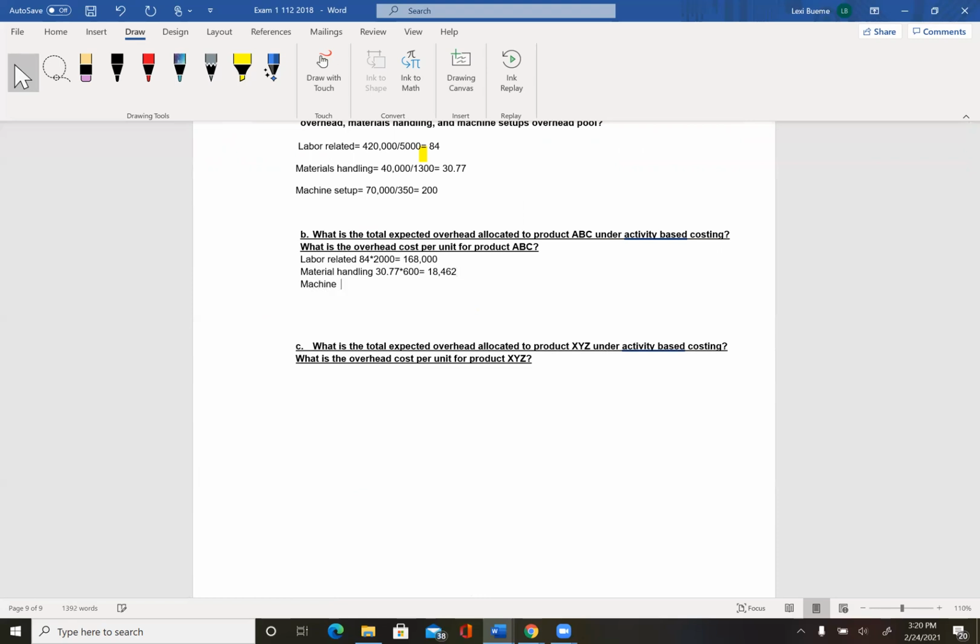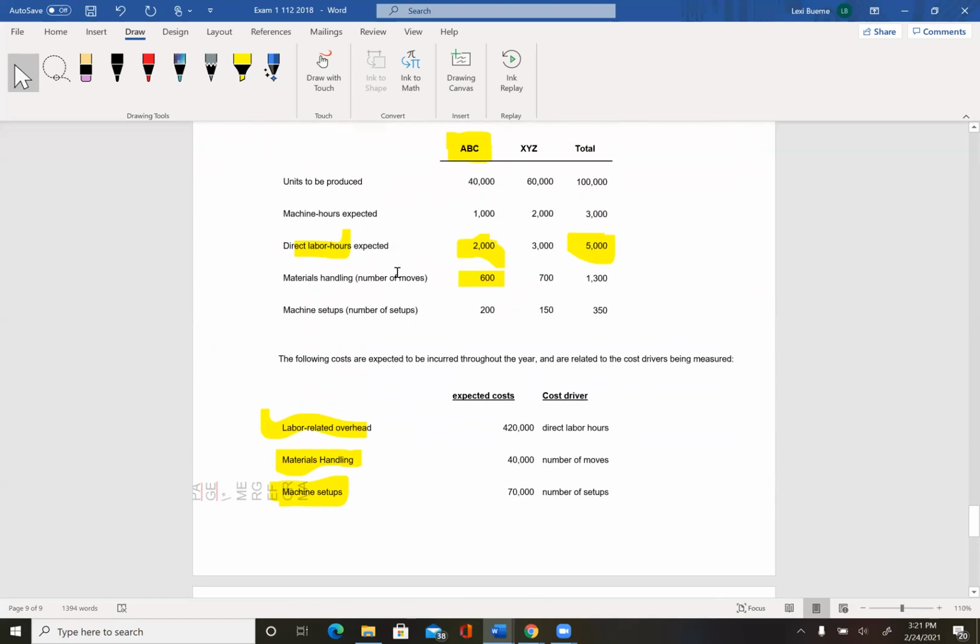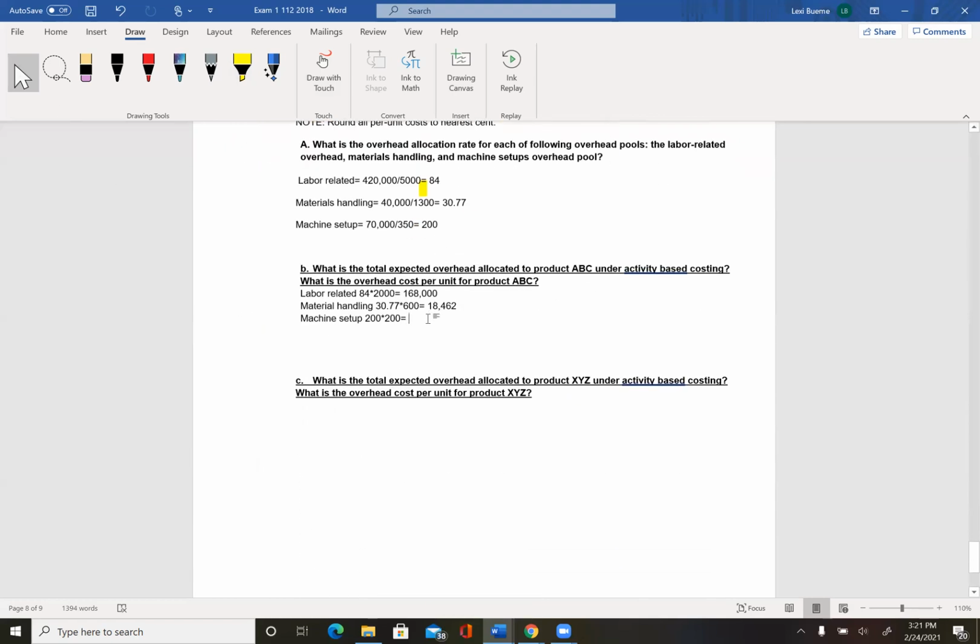And machine setup, you're going to take the 200 from above and multiply that by 200. And that 200 comes from right here. Like I said, ABC, machine setup, so that 200. And that is going to give you 40,000.